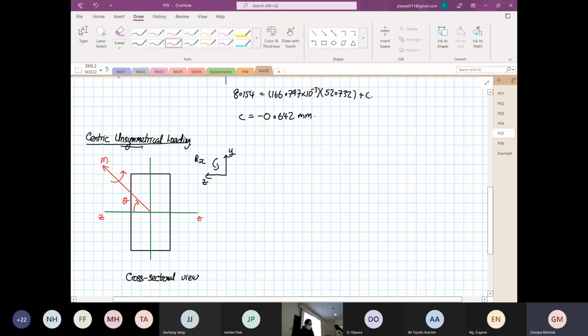Okay. So now the moment has two components. One component is Mz. So this is our Mz.